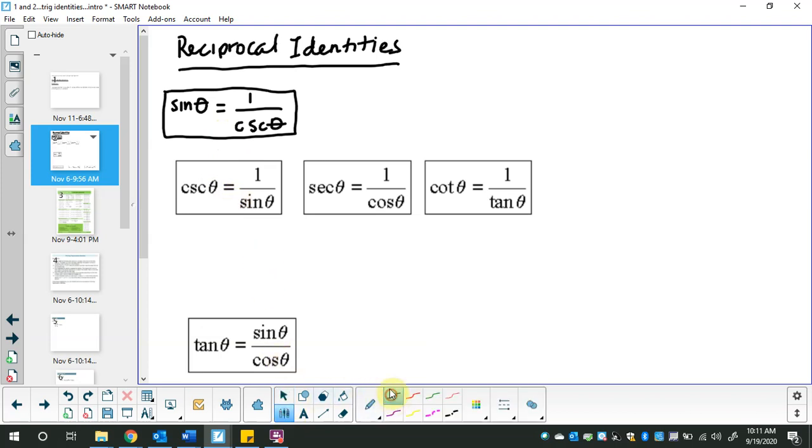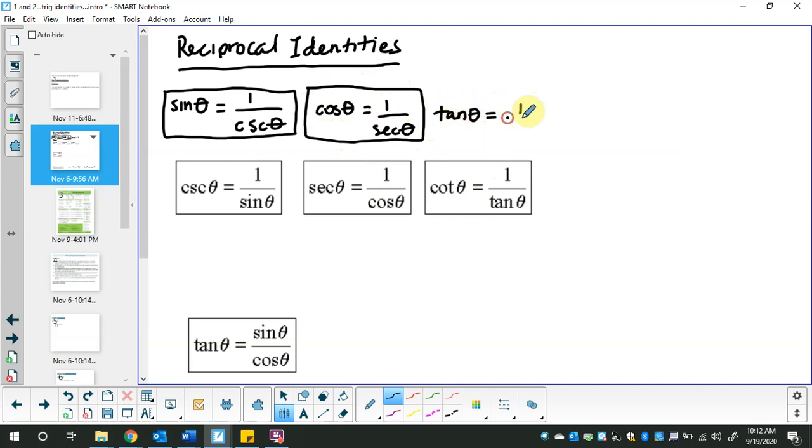Next one, and you may be able to start predicting here, cos theta is equal to 1 over secant theta. So those two are linked together. I'll put a box around this. And the last one, let's see you predict. Tan theta is equal to 1 over cotangent theta.